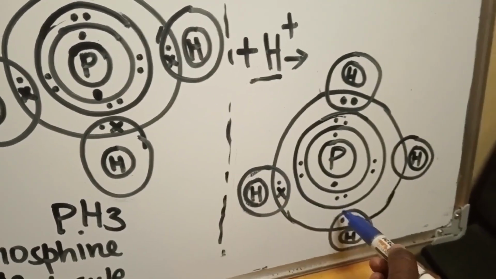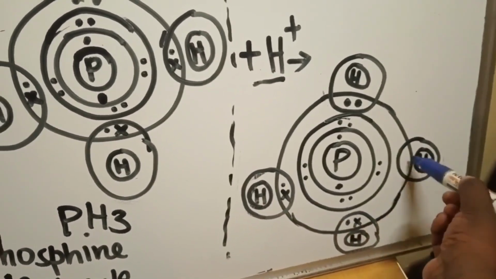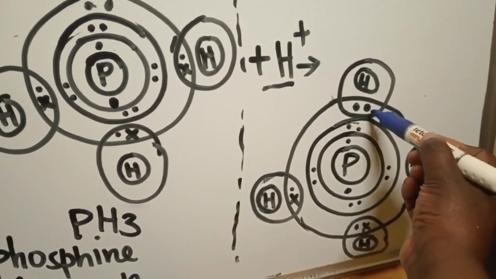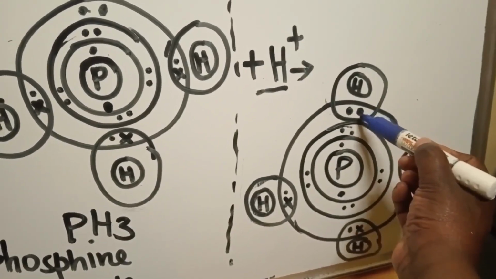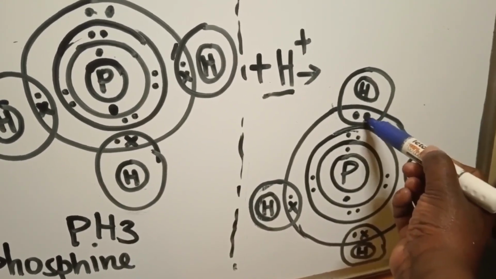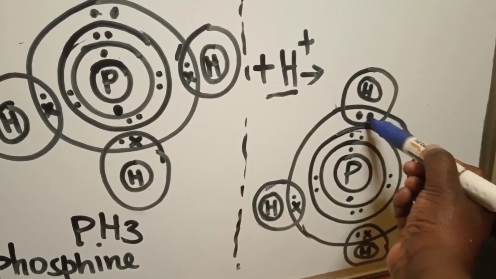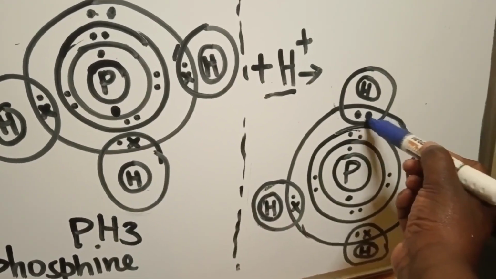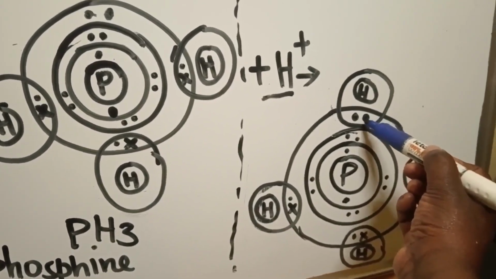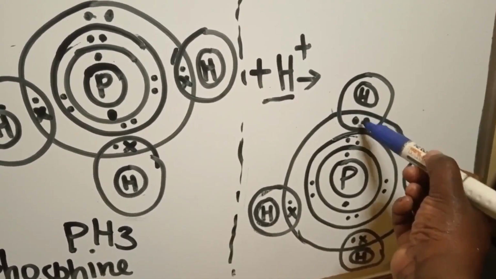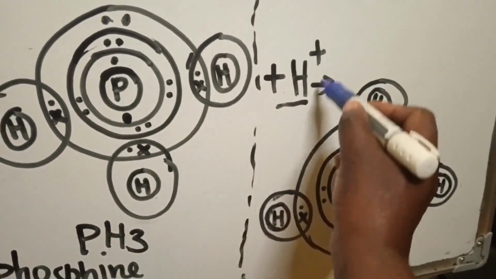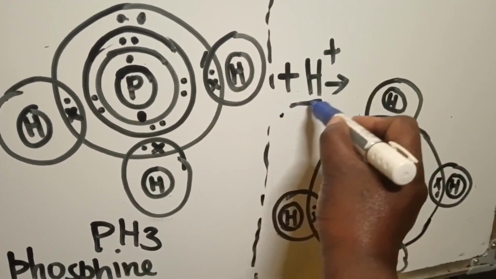Everywhere else we have a dot and a cross, a dot and a cross, a dot and a cross. But for this one, we have 2 dots. And at the beginning, we said that phosphorus is the one that is indicated with a dot. So these 2 electrons are coming from phosphorus, because hydrogen has come in with no electrons to share, but has come with a positive.